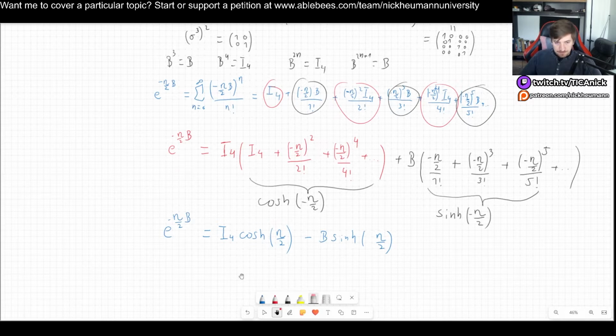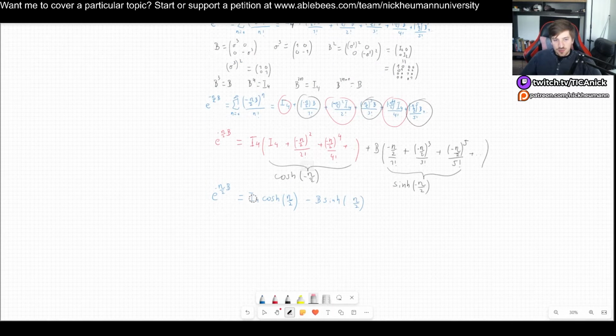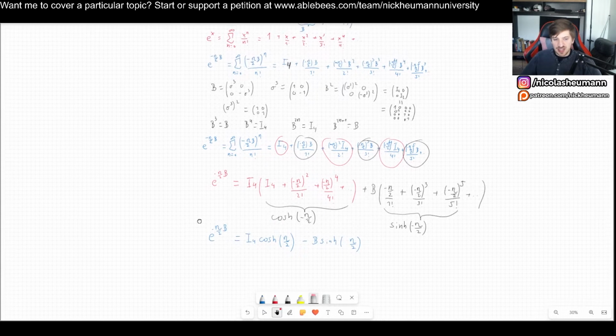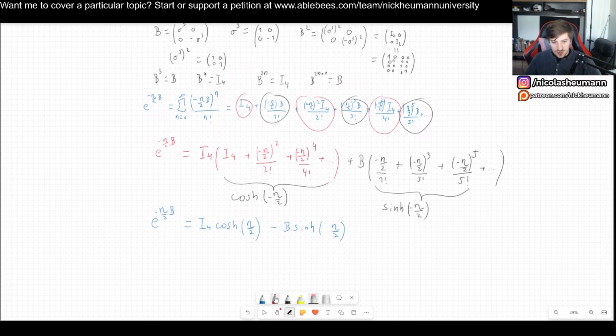There we go. Now, we can either replace what I4 and b is here, or we can do it later. I think let's do it here this time. So let's replace the values of these things. So this would be 1, 0, or maybe let's try to be consistent. So I2, 0, I2. It is very common that you're going to see people just write 1 when they refer to like the identity in 2x2.